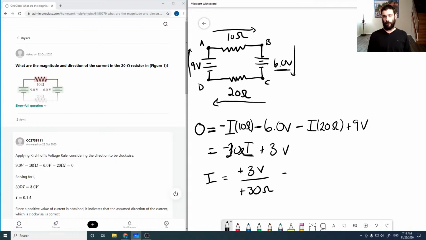Negatives cancel, and that's 1 over 10 amps. Okay, so the current comes out to be positive, meaning our initial assumption that the current was clockwise was correct. And so that's our value. So the current through the 20 ohm resistor is 1 over 10 amps, and it's going in a clockwise direction.